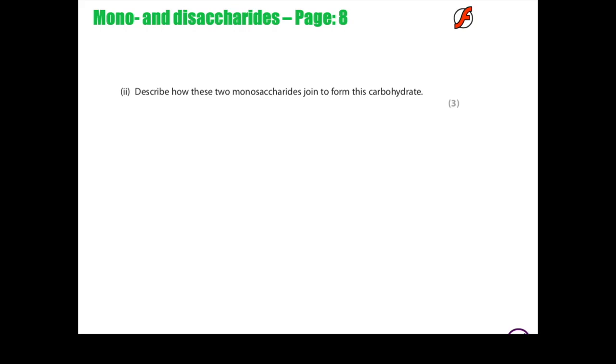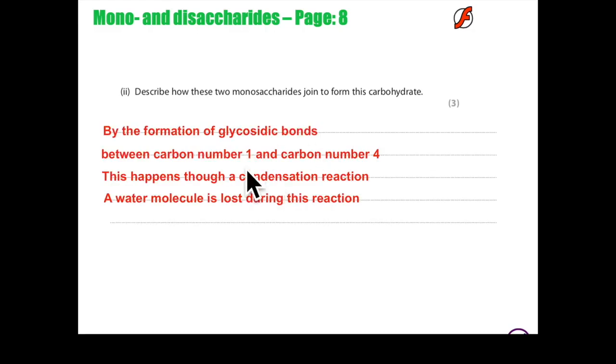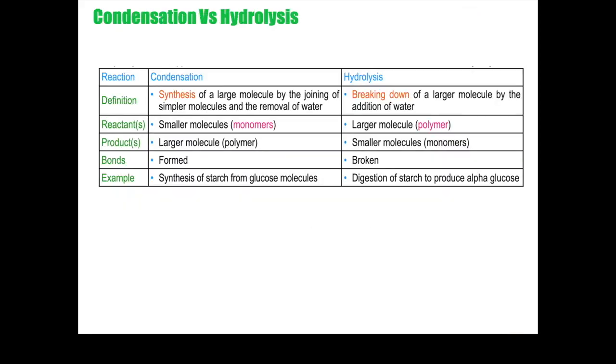So in general, the name of the bond is glycosidic. You need to tell them the name of the reaction. Since the reaction involves the removal of water, it is called condensation. And you need to tell them where the water molecule has been removed from: between the 1st carbon and the 4th carbon.